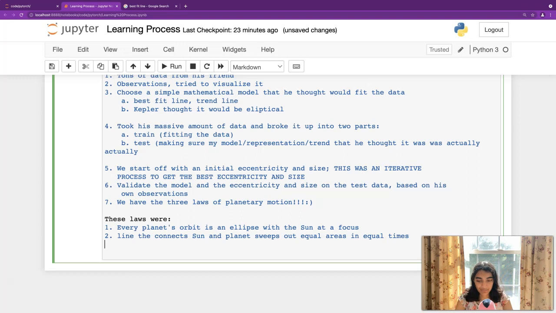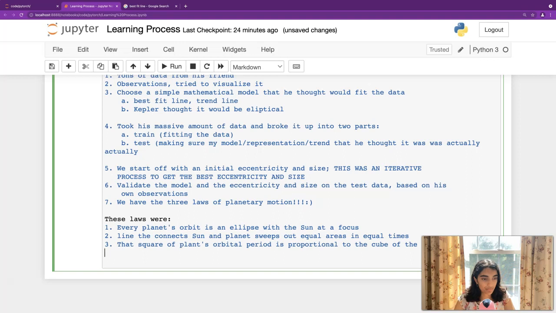And the third one is that the square of a planet's orbital period is proportional to the cube of the semi-major axis of its orbit.